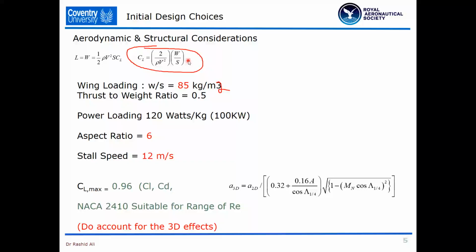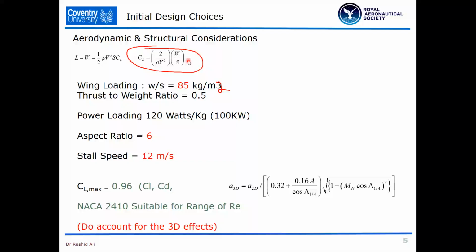What airfoil do I need to choose? Obviously, if I choose a complex airfoil, then manufacturing becomes an issue. So I want to choose a relatively simple airfoil that can give me the CL max at the stalling angle.